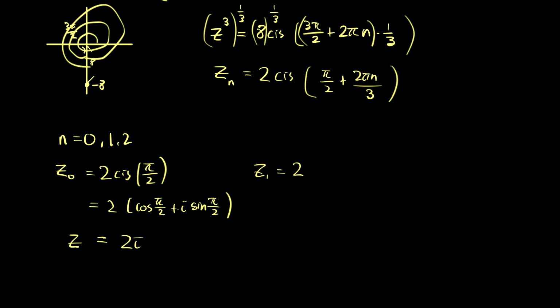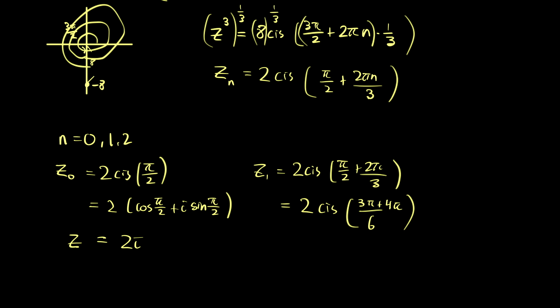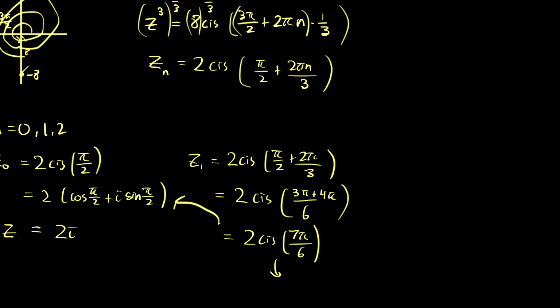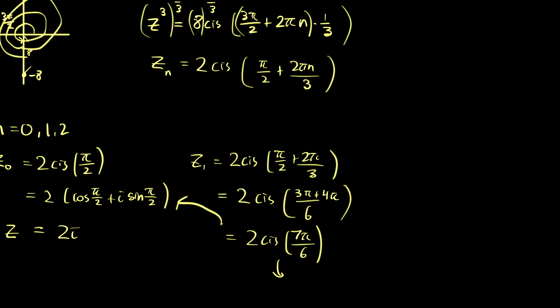So it's going to be 2 cis of pi over 2 plus 2 pi over 3. And I'm going to simplify this to 3 pi plus 4 pi over 6, which equals 2 cis 7 pi over 6. I'm not going to simplify this further, but if you want to, you can and get a standard complex number.